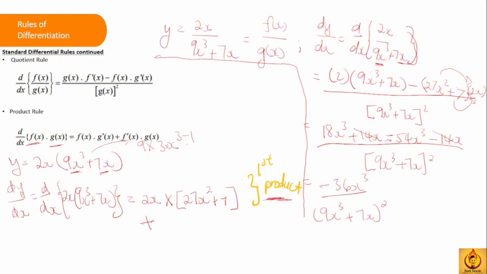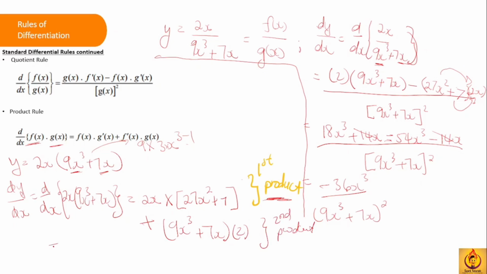Our second product now will be the second function, which is 9x cubed plus 7x, right? Multiplied by the derivative of the first function, which is f of x. The derivative of f of x, which is in this case 2x, will be 2. This is our second product. Right.